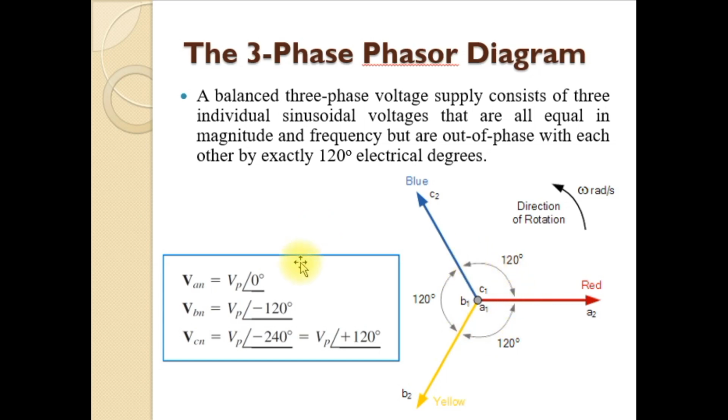The three-phase voltages are VAN is equal to VP angle 0, VBN is equal to VP angle minus 120 degrees, and VCN is equal to VP angle minus 240 degrees or VP angle plus 120 degrees. As these amplitudes are the same, such a set of three-phase voltages is said to be a balanced three-phase voltage. The amplitudes of the three waveforms are the same, but they are displaced by 120 degrees and 240 degrees successively from the first phase.